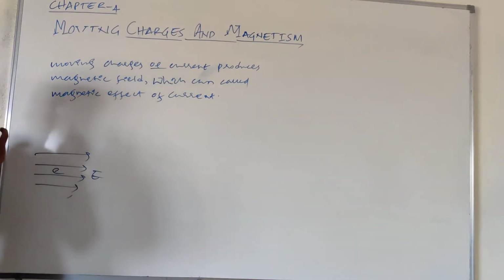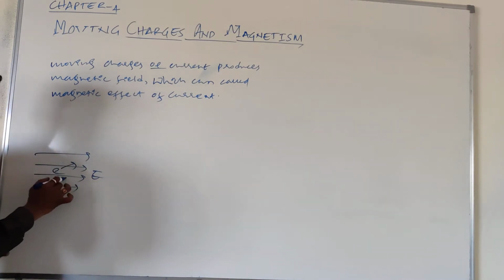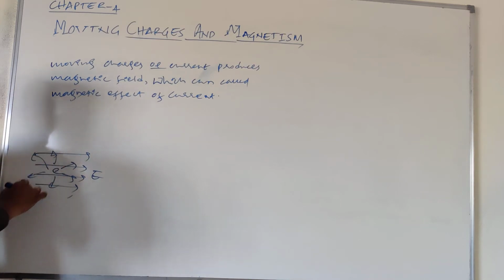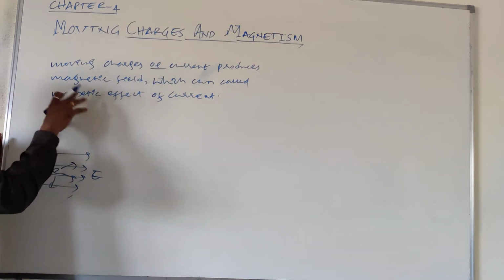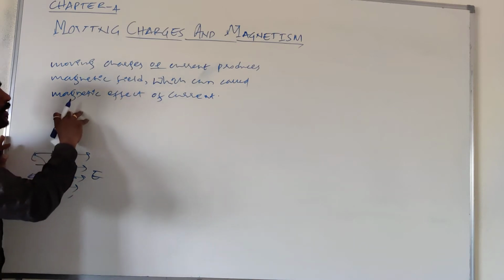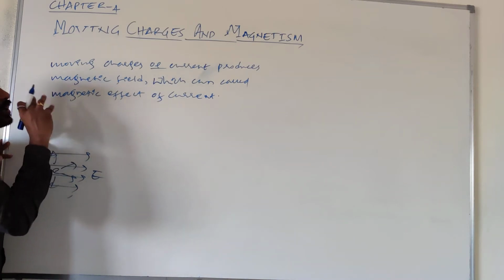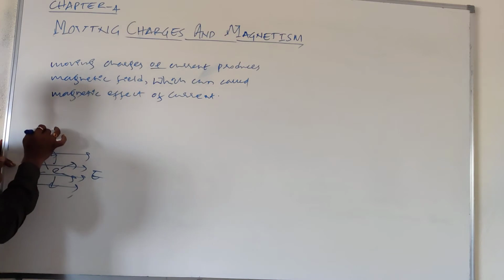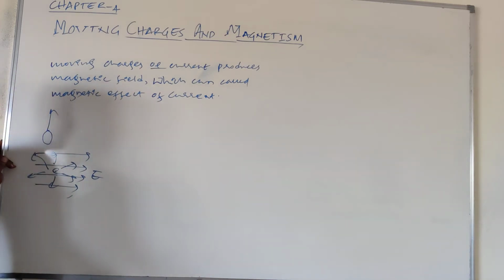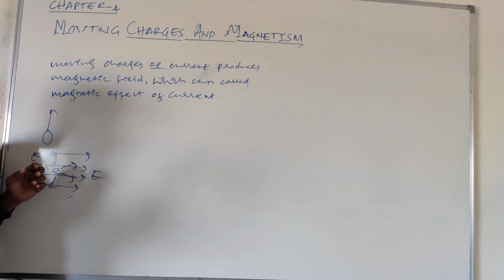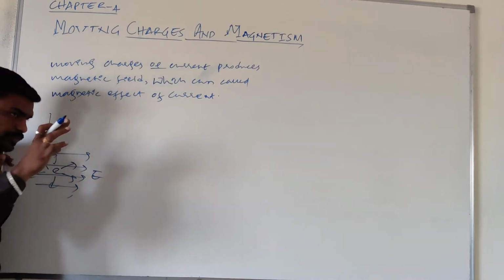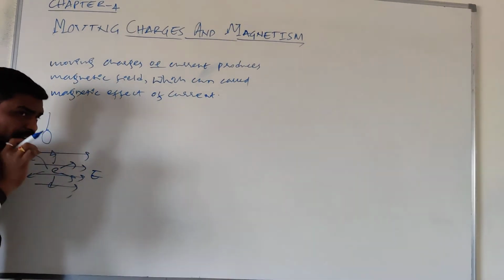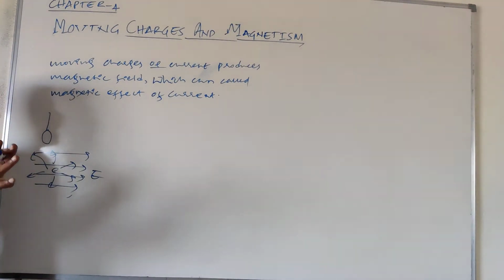A charge, whether at rest or in motion, produces an electric field. But in this case that is not so. Whatever charges or current produce, the magnetic field is produced only when the charge is in motion, not at rest. If the charge is at rest, no magnetic field is produced.